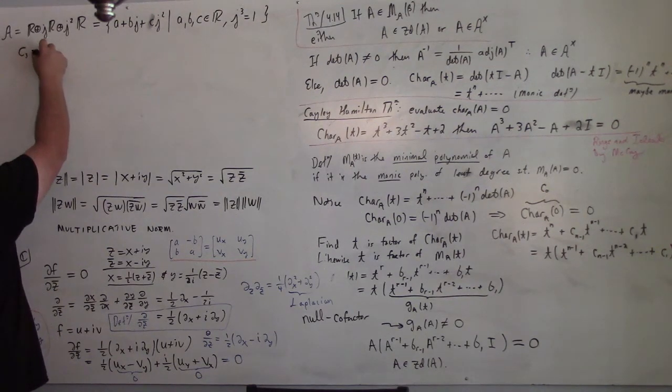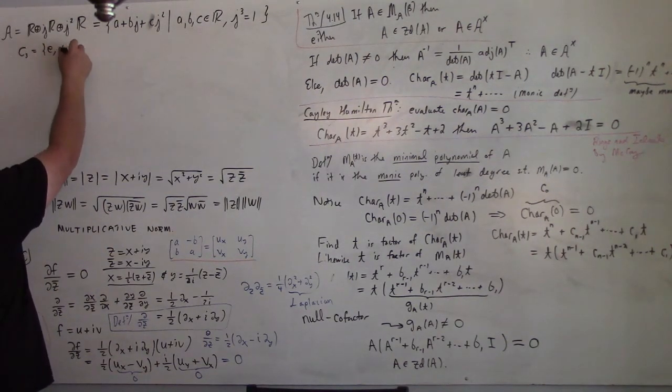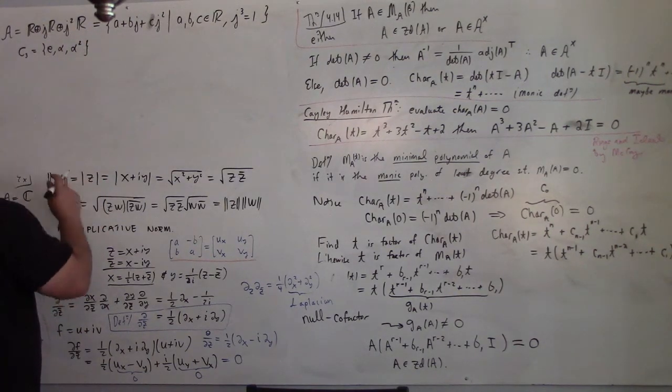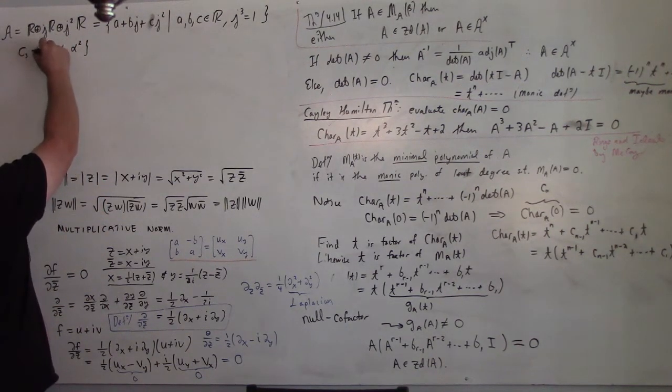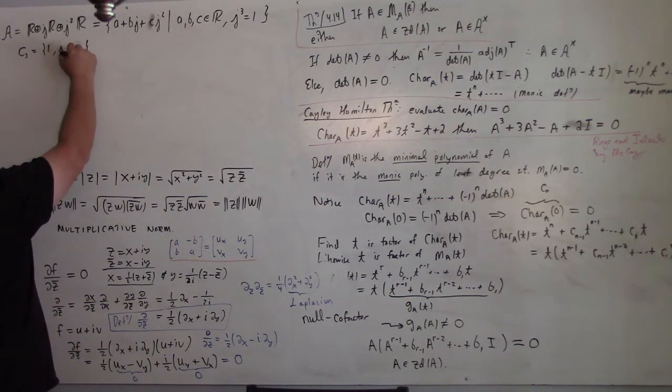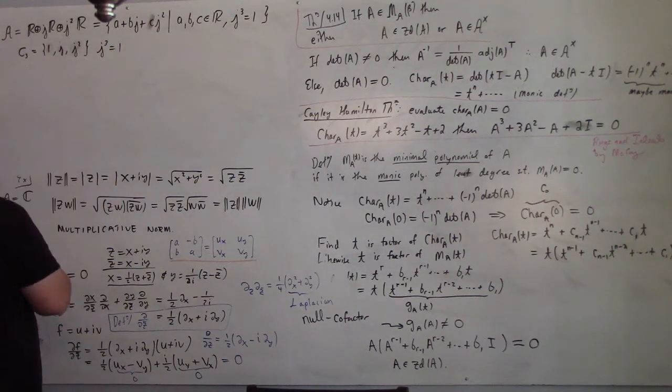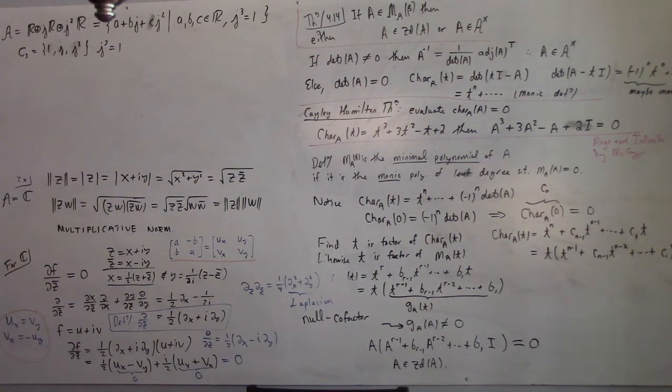But I would point out you could make it 1, J, J squared, and then J cubed equal to 1. It's a group of order 3 that is defined multiplicatively, so you just take products.